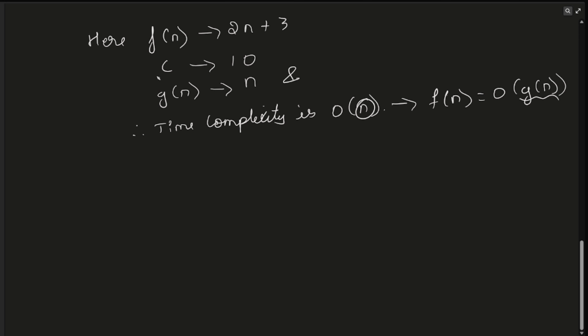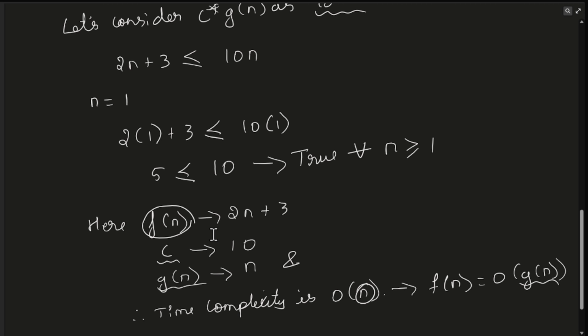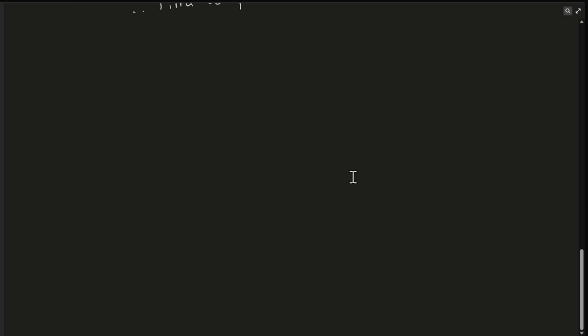The simple method to know this c into g of n is making the left hand side terms, that is f of n, a multiple of n and putting it on the right hand side. Let us try to do that. In our previous validation we considered n as 1. Instead of that, we can make the left hand side terms a multiple of n and put it on the right hand side.